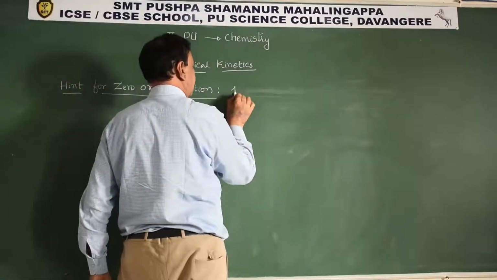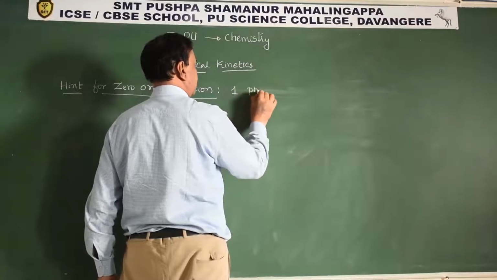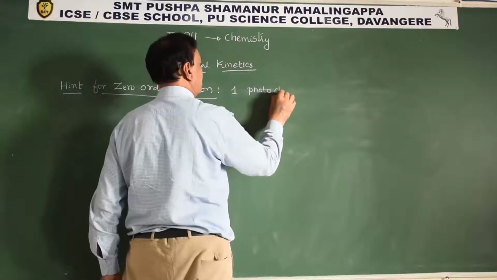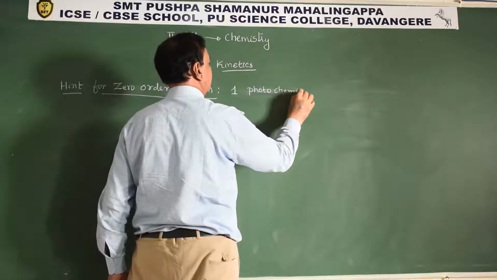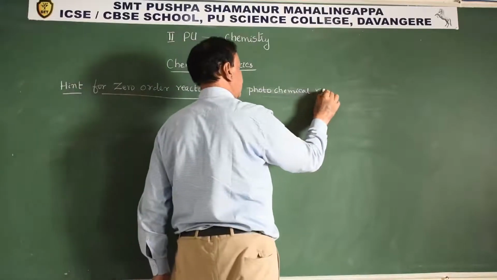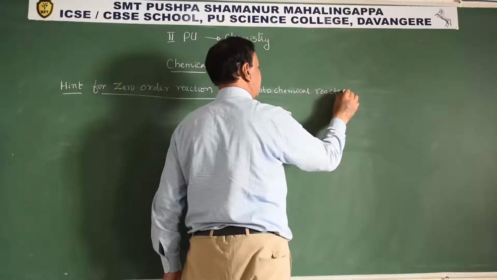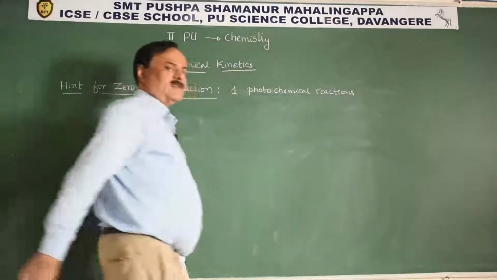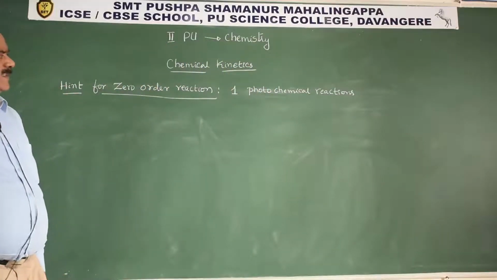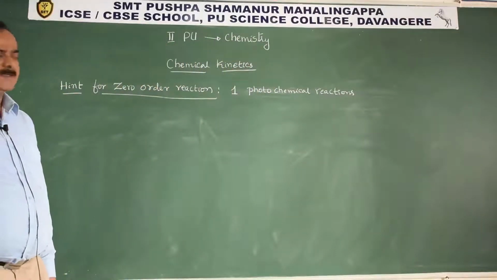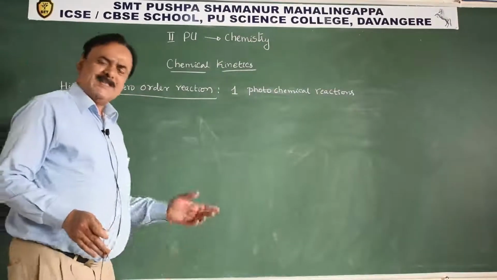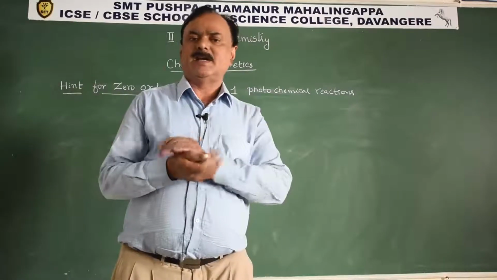The first hint is photochemical reactions, meaning reactions which occur in the presence of sunlight. They are good examples of photochemical reactions. Now, photosynthesis is also a photochemical reaction.